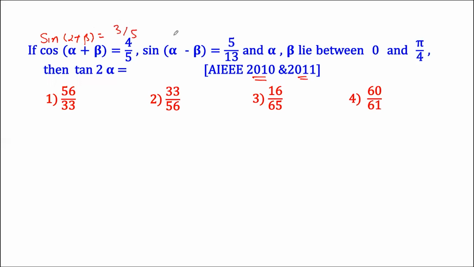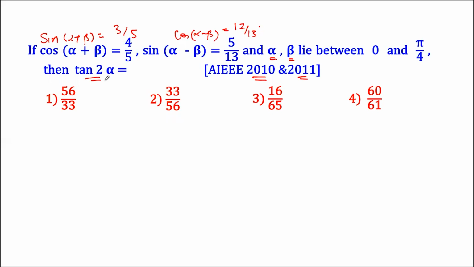And sine alpha minus beta is given, so cos alpha minus beta is 12 by 13 by Pythagoras only. You know that. It's given that alpha and beta are acute angles lying between 0 to pi by 4. Then this angle is not going in the second quadrant. If it is in the first quadrant, the answer must be positive only.